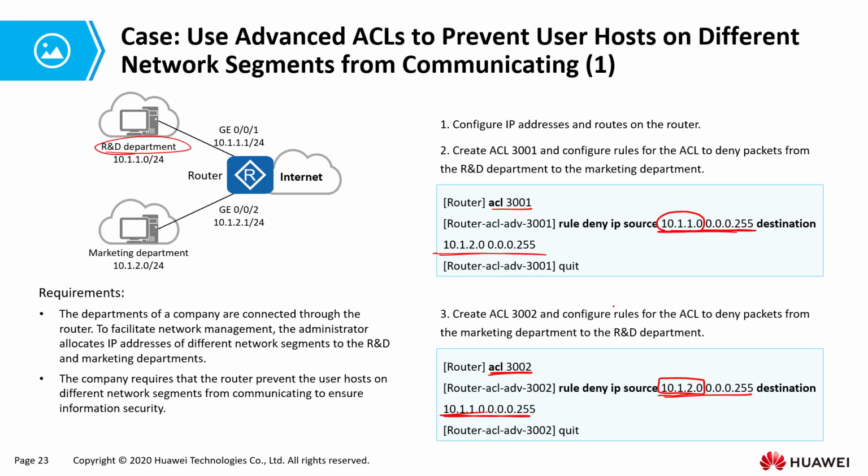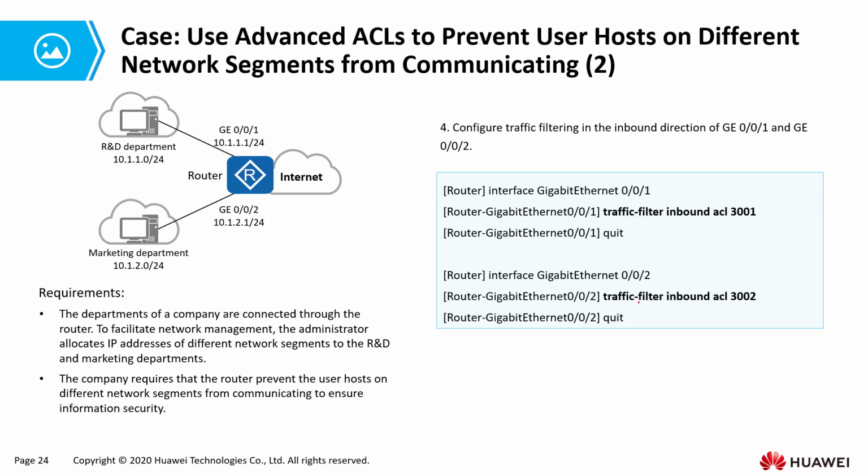Now, after specifying our ACLs, the next thing we need to do is to simply invoke them in a traffic filter. So we'll go to Gigabit Ethernet 0/0/1. That's that interface right there. And we apply the ACL in inbound direction, preventing traffic that is coming from there and going to that direction from being forwarded.